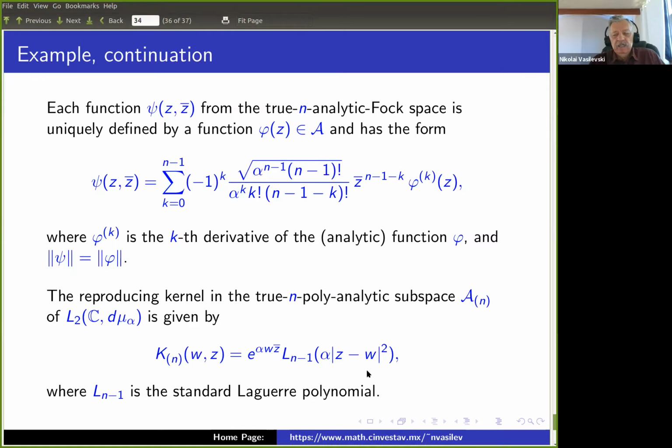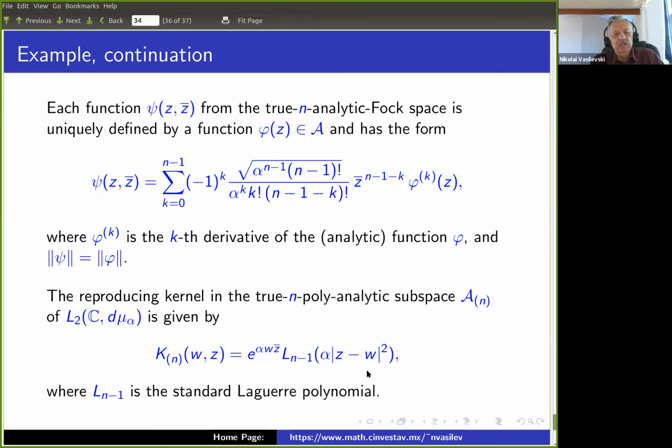And the question is, what is the notion of true polyanalytic spaces? In the one-dimensional case, the n polyanalytic spaces form a flag of growing spaces, so it's an ordered situation. In higher dimensions, it's just a partial order. There is no complete order.